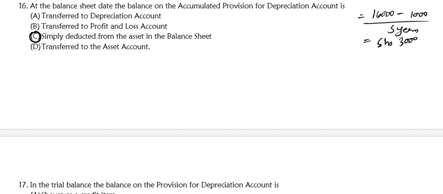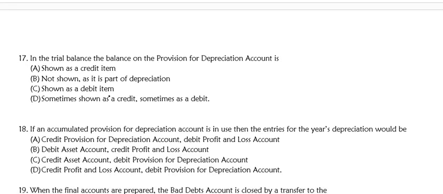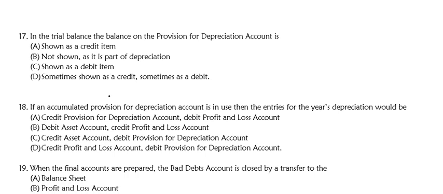So the balance is deducted from the asset to arrive at the net book value, sometimes referred to as the carrying amount of the asset. In the trial balance, the balance on the provision for depreciation account is shown as a credit item. The answer is A.